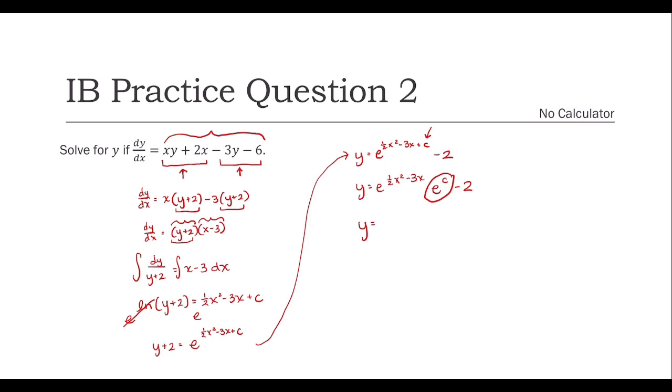So we could say y equals some constant, c1, times e to the 1/2 x squared minus 3x, minus 2. So c1 equals e to some constant. So our solution is that y equals c1 e to the 1/2 x squared minus 3x, minus 2.